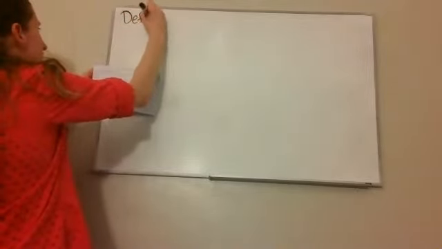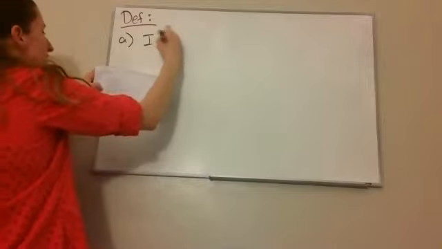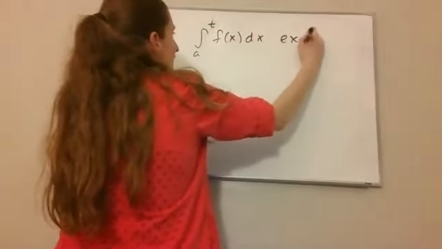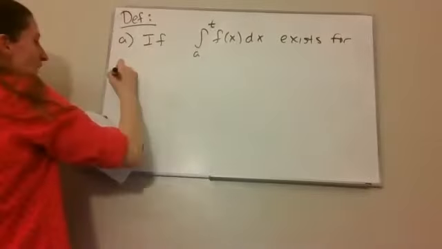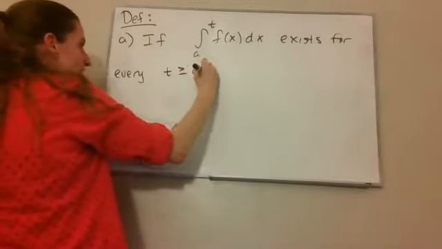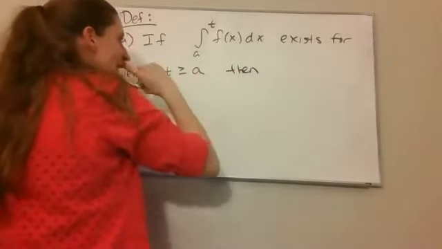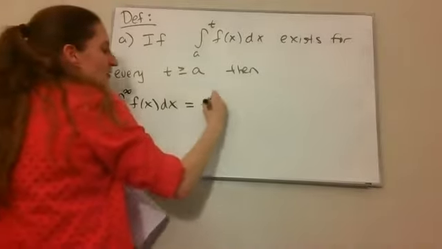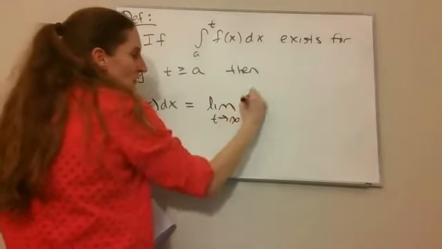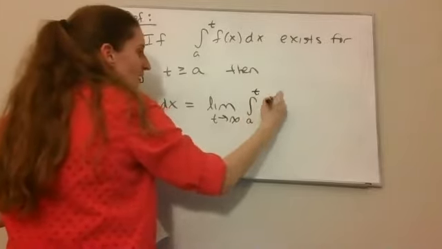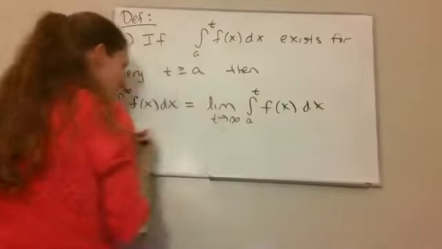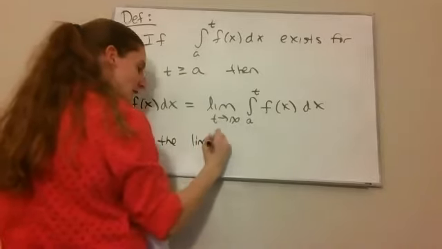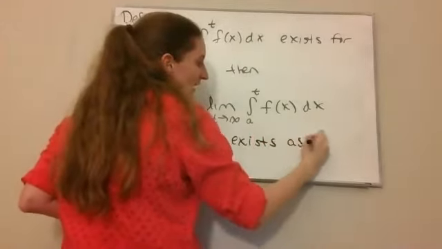So here's our definition. If the integral from a to t of f of x dx exists for every t bigger than or equal to a, then we have that the integral from a to infinity is equal to the limit as t approaches infinity of the integral from a to t, provided that this limit exists as a finite number.